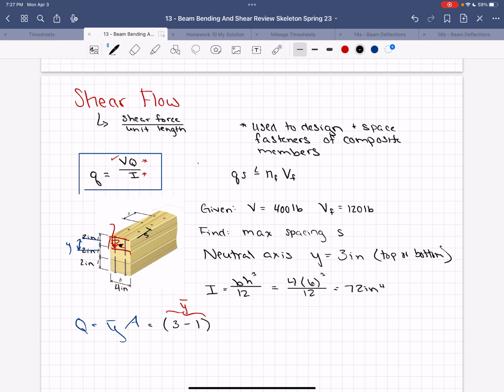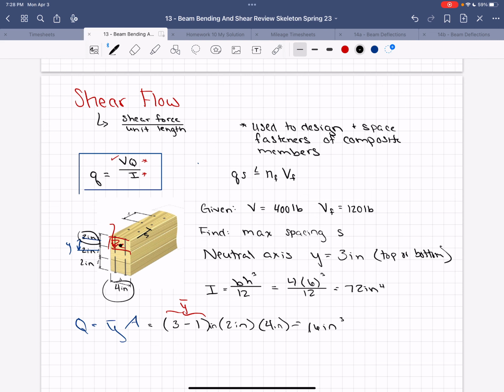And then the area is this 2 inches here and that 4 inches there. So 2 inches times 4 inches. And we get Q equals 16 inches cubed.